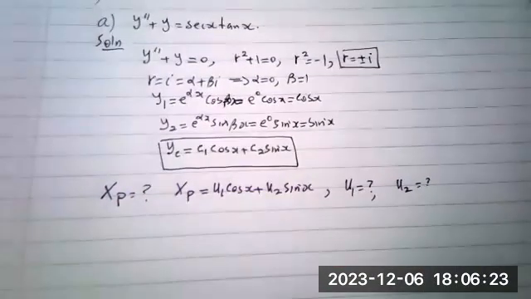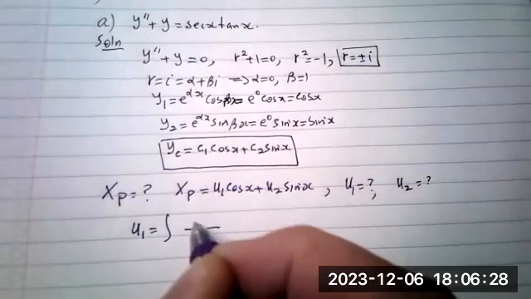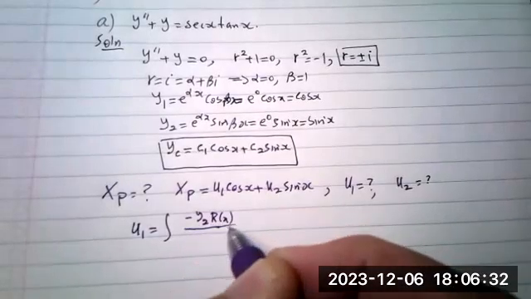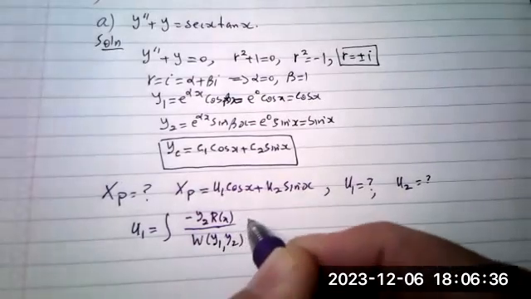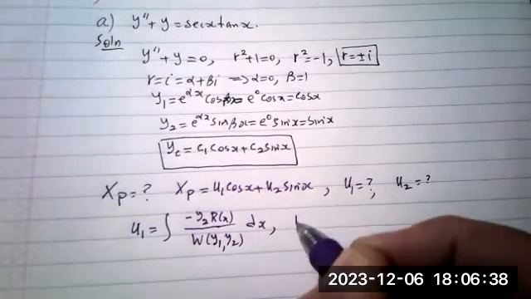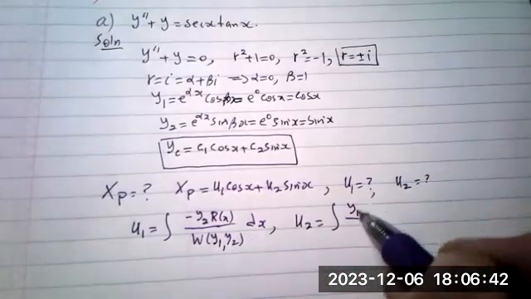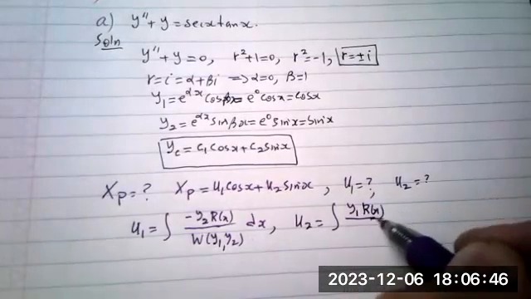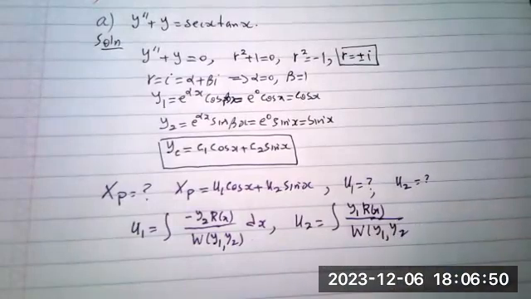And the formula is: u1 is equal to the integral of negative y2 R(x) divided by the Wronskian of y1 and y2 dx, and u2 is equal to the integral of y1 R(x) over the Wronskian of y1 and y2.